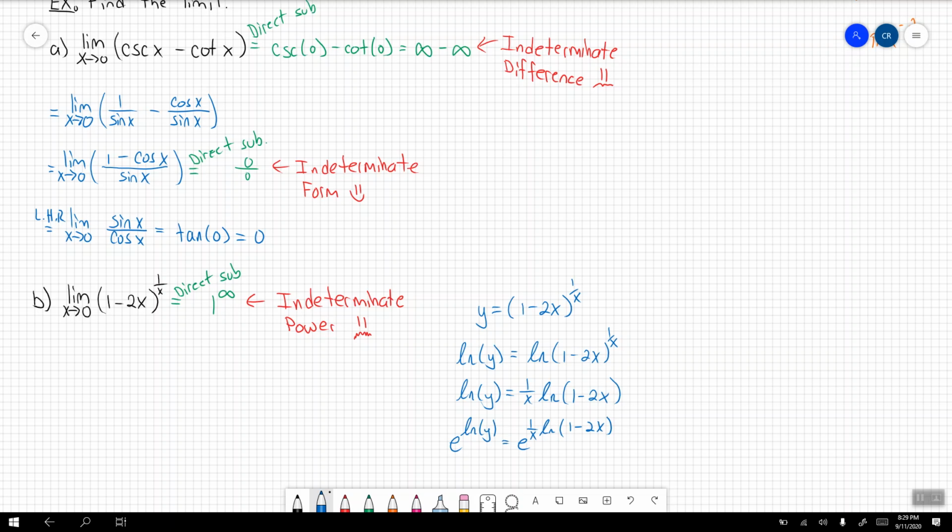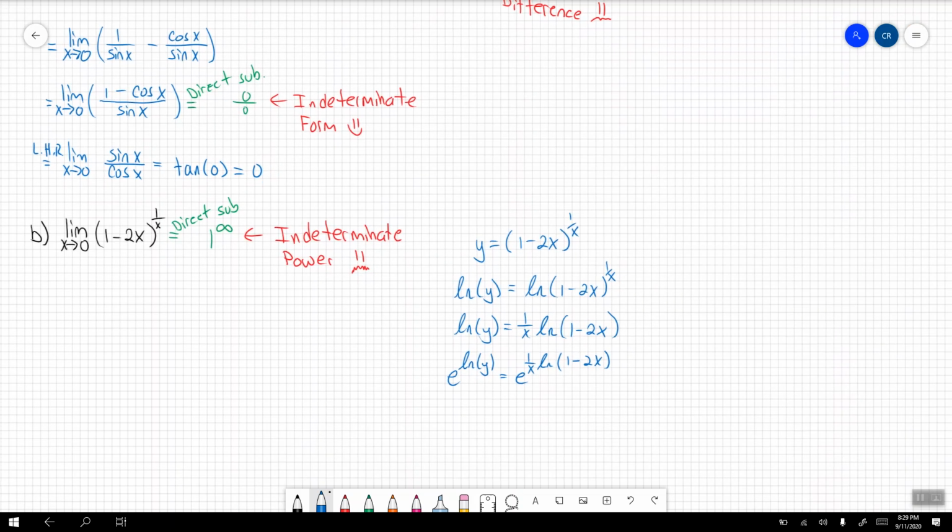So this is now very beneficial because on the left-hand side of that equation, we are now left with y. On the right-hand side, we're now left with e to the power of 1 over x multiplied by the natural log of 1 minus 2x. And this is where we want to be.